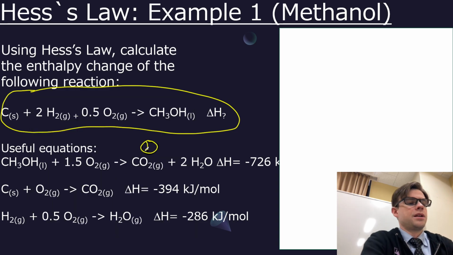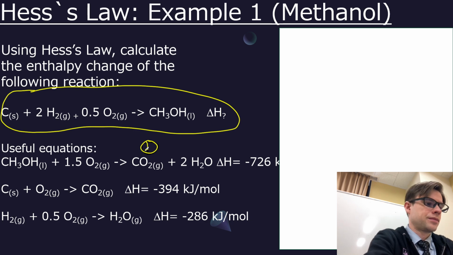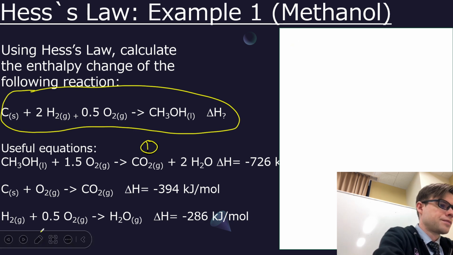Okay. But what we could do is reverse this equation. If we do the opposite of this equation, instead we would take CO2 and H2O and produce methanol and O2. Doesn't seem like a very spontaneous or thermodynamically favored process, and that's right, but you can still force it to do that, in theory.